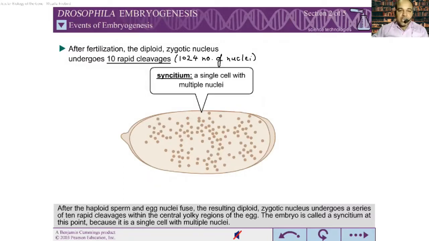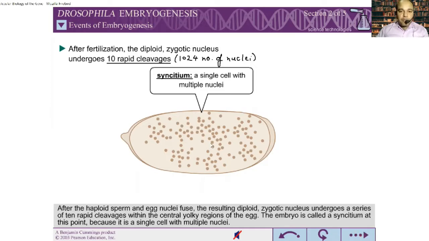After this syncytial condition is produced, the embryo is called a syncytium at this point because it is a single cell with multiple nuclei present. So in this particular case, the embryo is commonly referred to as a syncytium.